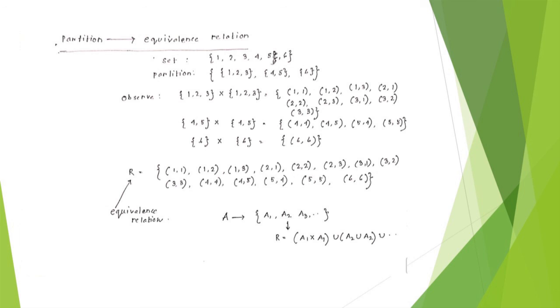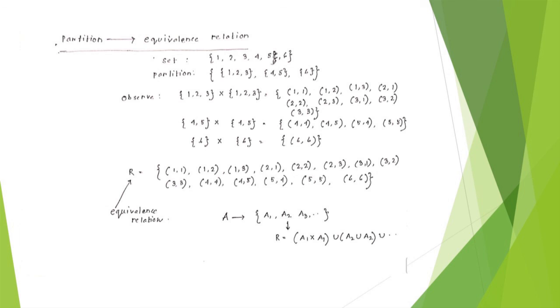So we say the relation is R, and R is the union of A1 cross A1, A2 cross A2, and all the others. So this R is an equivalence relation. This can be very easily proved. You can try it yourself. It is your task to prove that this R is an equivalence relation. So the first job is complete. We have a partition, and we are able to form the equivalence relation from that partition.